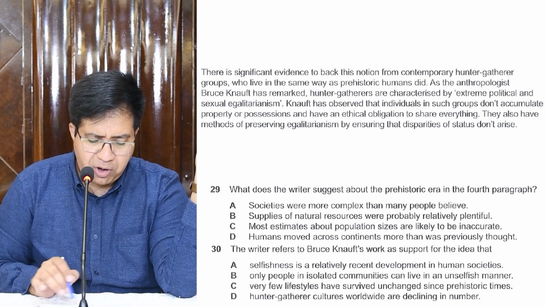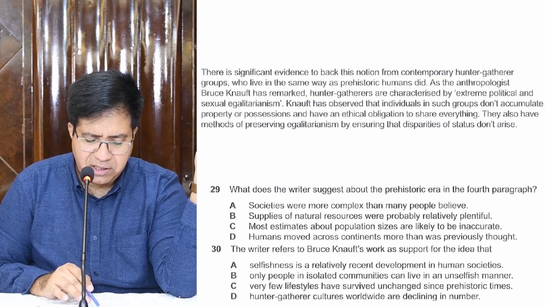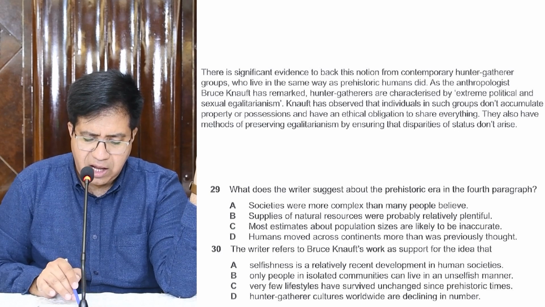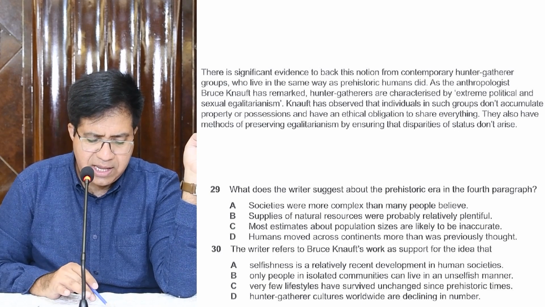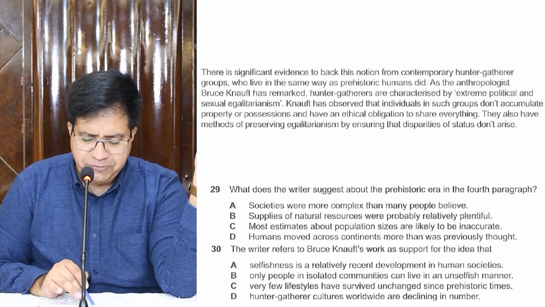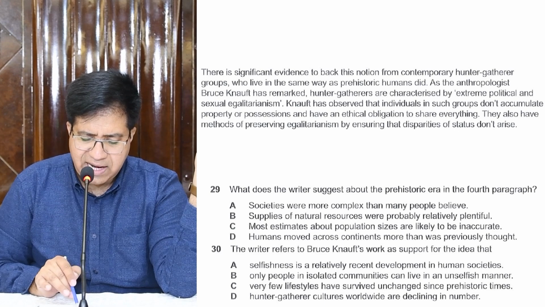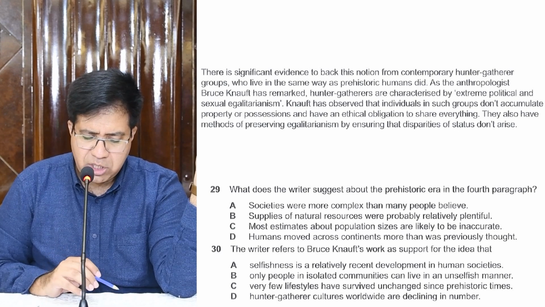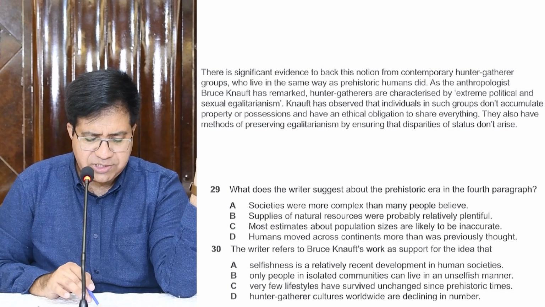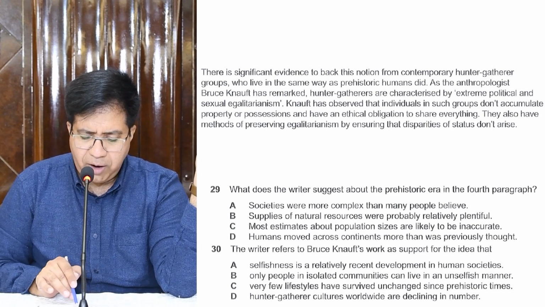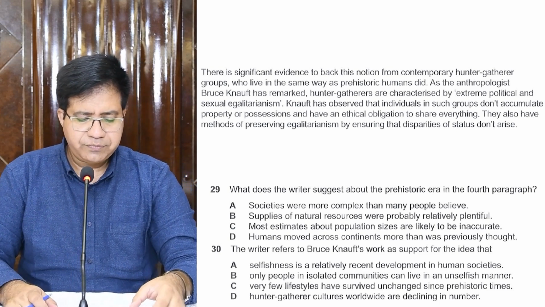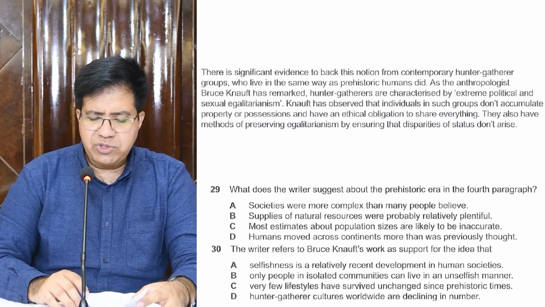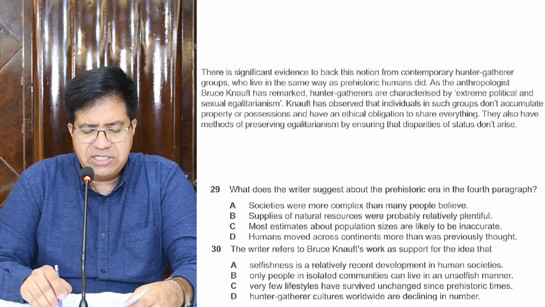As the anthropologist Bruce Nauft has remarked, hunter-gatherers are characterized by extreme political and sexual egalitarianism. Nauft has observed that individuals in such groups don't accumulate property or possessions and have an ethic obligation to share everything. So, the writer refers to Bruce Nauft's work as support for the idea.